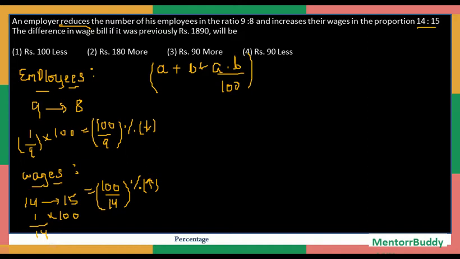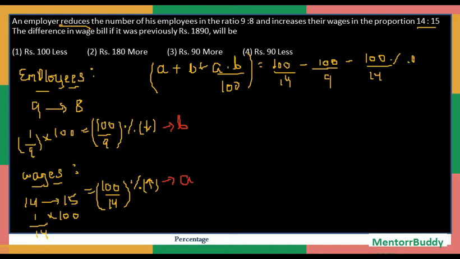So considering this to be a and this to be b, now framing these two values of a and b in the given expression, this will become 100 by 14, that will be a, plus b, that will be minus, because this is a decrement, 100 by 9, minus a into b, that will be 100 by 14 into 100 by 9 upon 100.